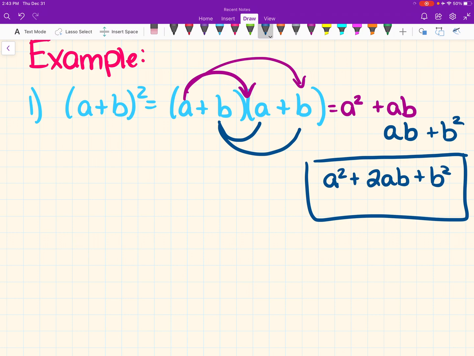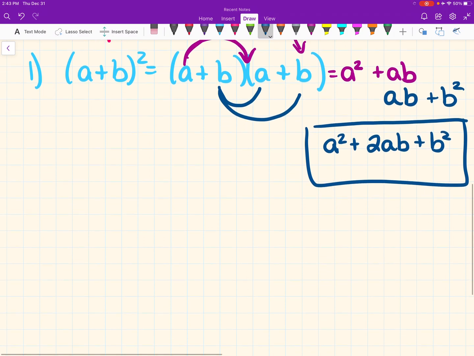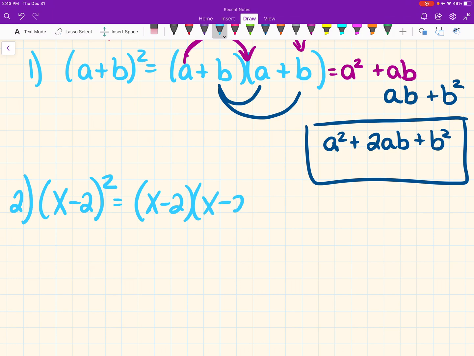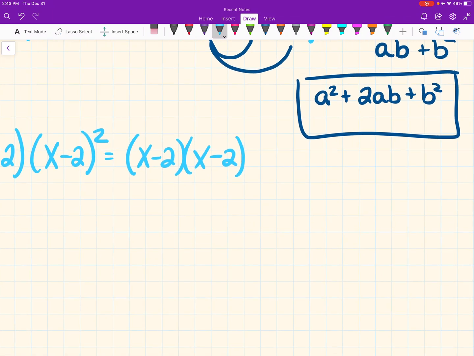That one's a little confusing because there's no numbers involved. Let's do one with some numbers involved. So number 2 looked like this. X minus 2, the entire thing is squared, which means we have to write the parenthesis twice and then do it. Now again, try using your box method or your FOIL or however you do this. Mine's more distribute, stack, and add.